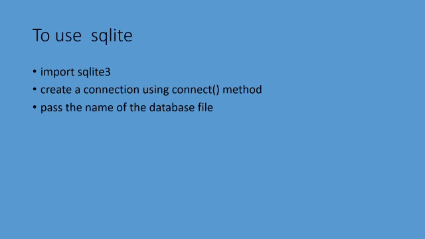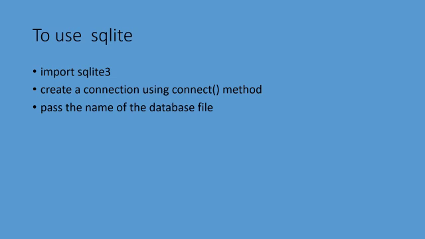Next, how to use SQLite. There are 3 steps to use SQLite. First one, import sqlite3. I am going to use sqlite3, so I am importing that. Next, create a connection using the connect method. The connect method is used to connect the database.